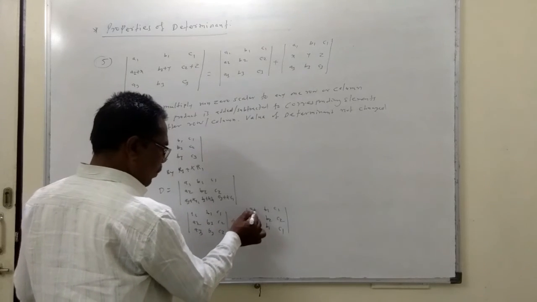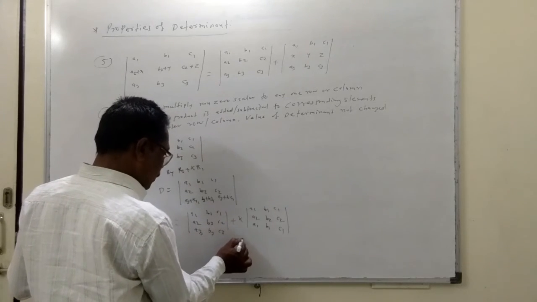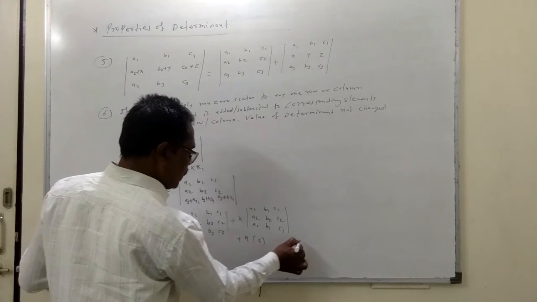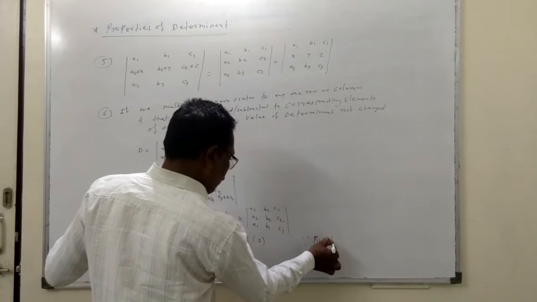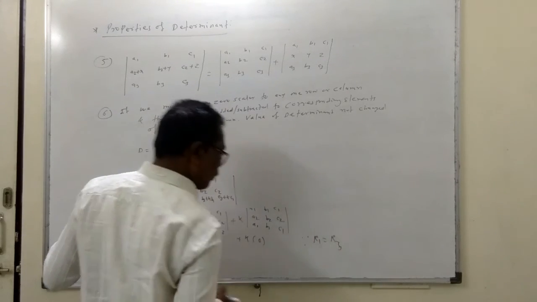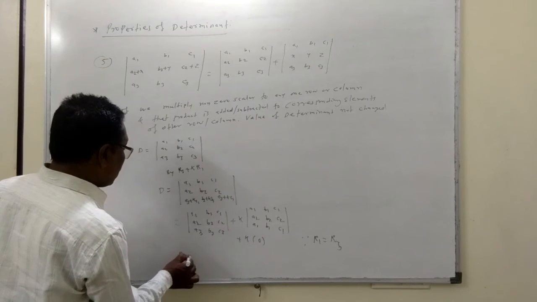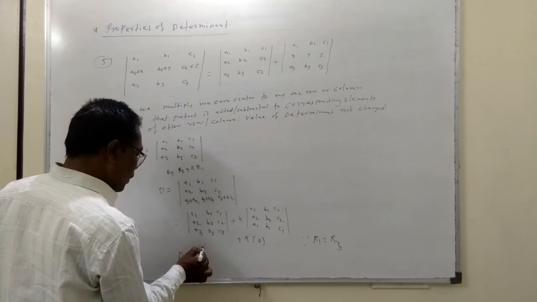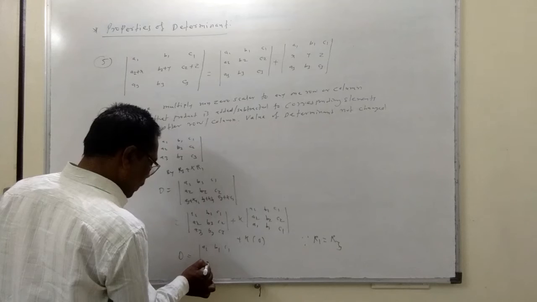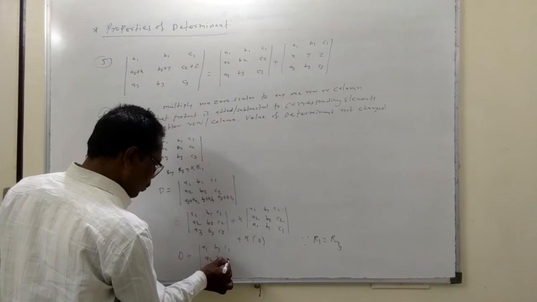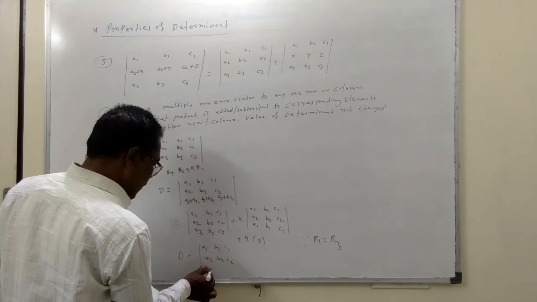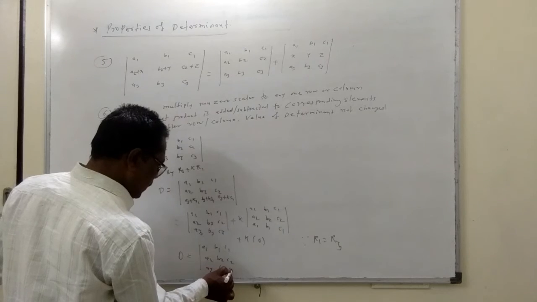Now here this value is 0, K into 0, since R1 is equal to R3, and therefore D is equal to determinant A1 B1 C1, A2 B2 C2, A3 B3 C3.